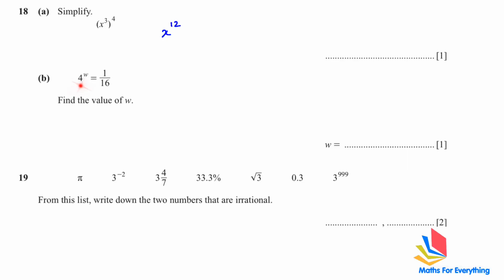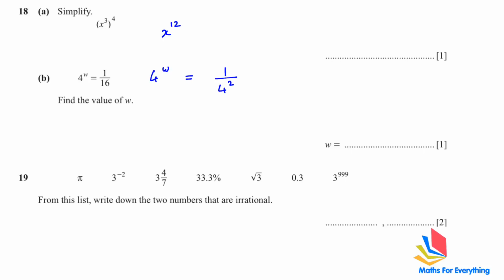Next, 4 to the power of w is equal to 1 over 16. If you have been given a base, base 4, and you have another number, you have to turn that number to the base given to us. So we have 4^w. 16 can be written as 4 to the power of 2.